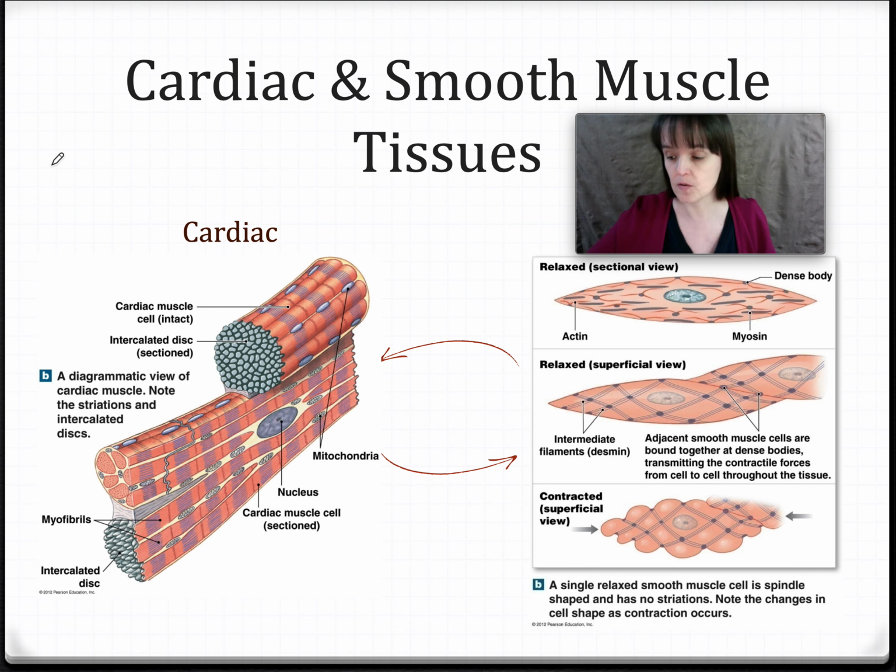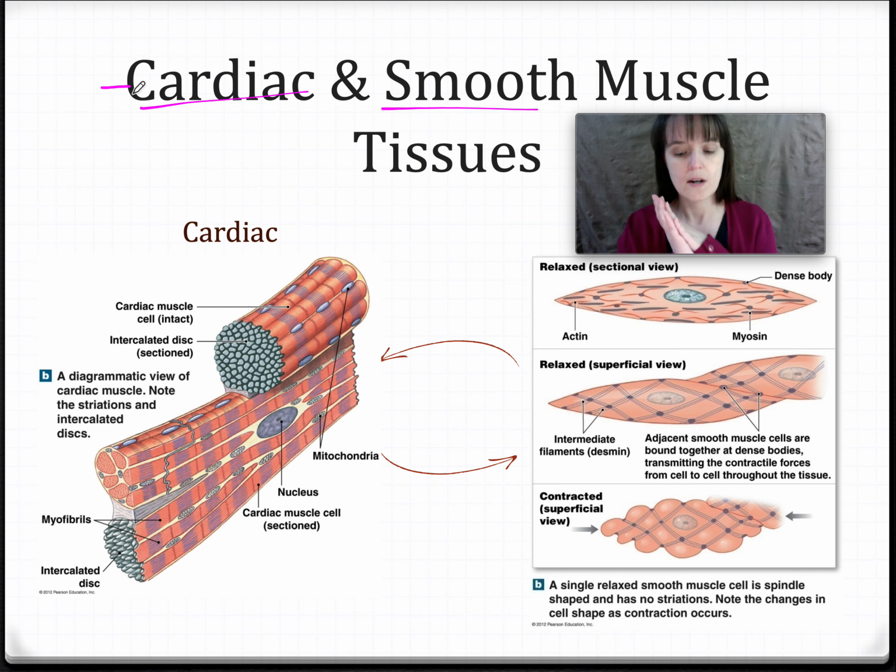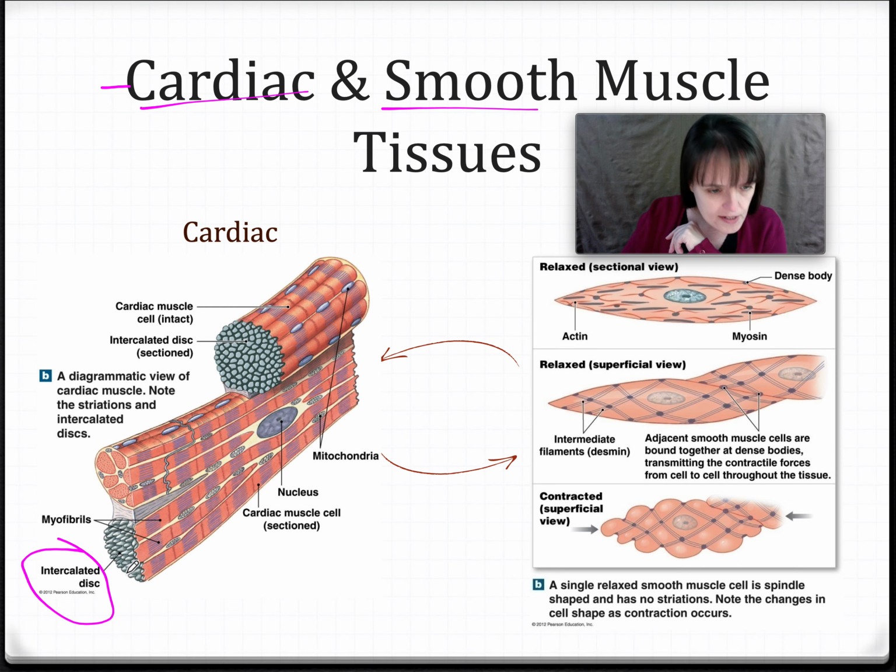Okay, so we have talked in great detail about skeletal muscle. Now let's talk about cardiac muscle and smooth muscle. So let's talk first about cardiac muscle. Cardiac muscle looks like this, and it has these intercalated discs at the end of the cardiac muscle cells.